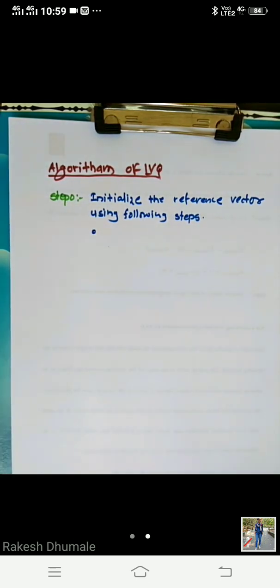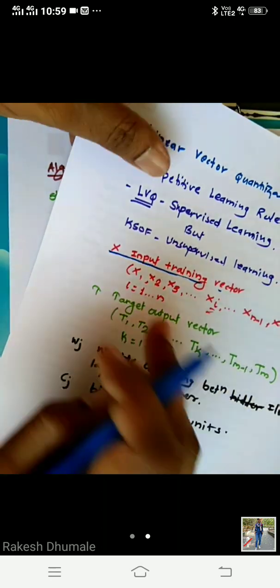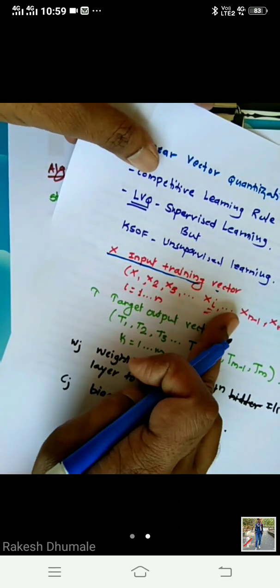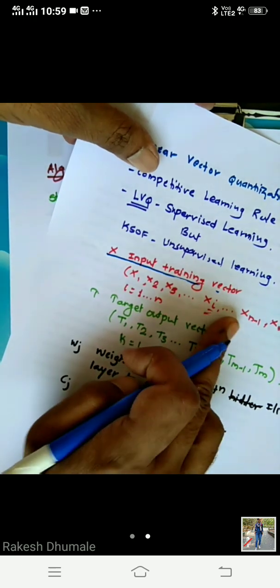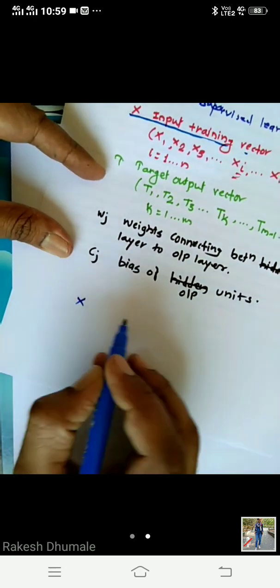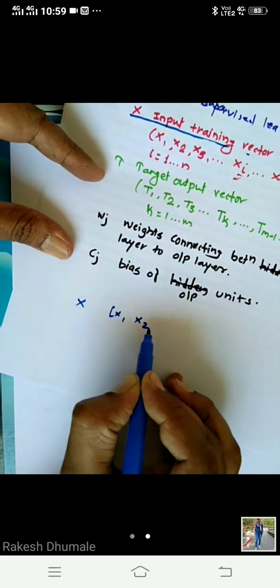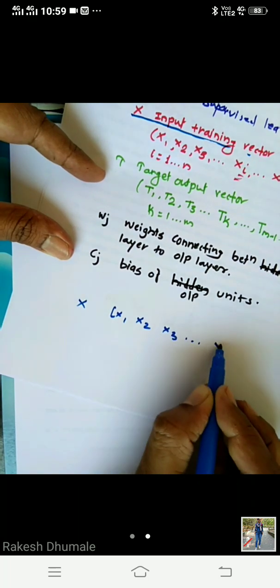Now in this case, let us consider x is the input training vector. These are the elements, not the size of the vector. If you show the size of the structure, then it is like this: x has total x1, x2, x3 up to xn.